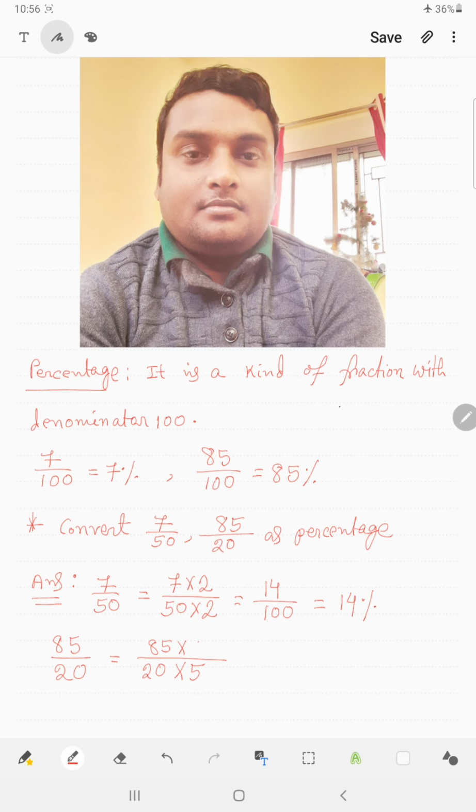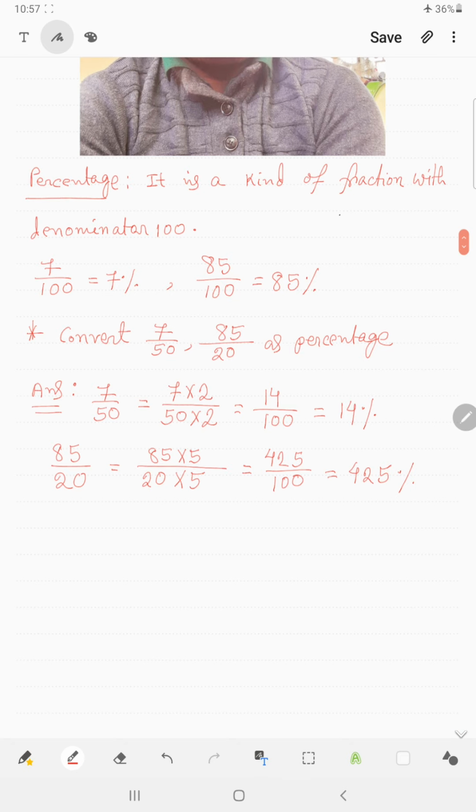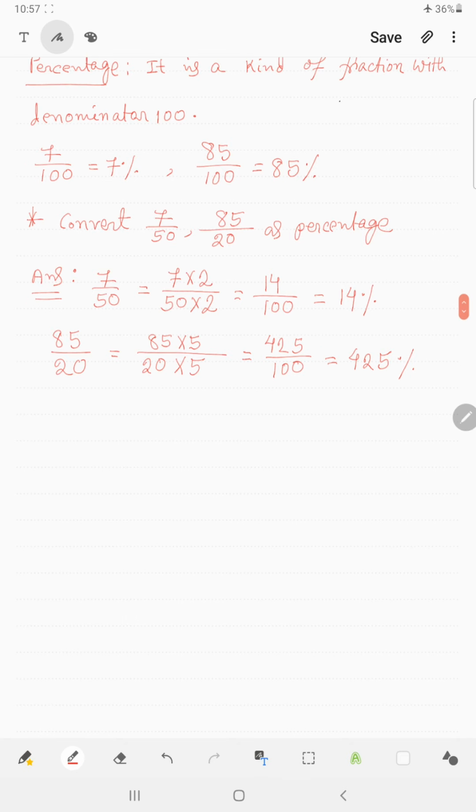You have to multiply the numerator also by 5, so 5 5s are 25, carry 2, 5 8s are 40, 42, so 425 by 100, then it will be 425%, right? In this way you convert the denominator into 100 and you will convert into percentage.